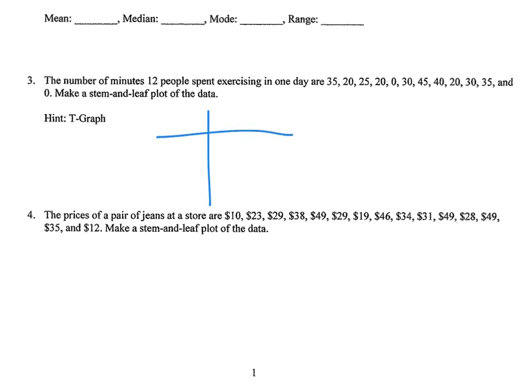Okay? And then I'm going to even start it out that you're going to have a 0 and then a 2 here, a 3, and a 4. You need to put the numbers that go over here on the right, okay, for the stem and leaf.